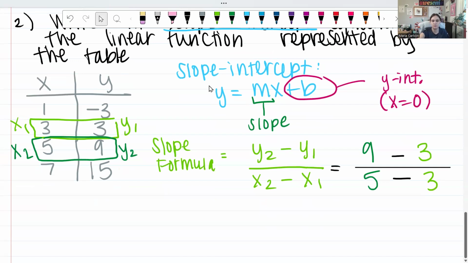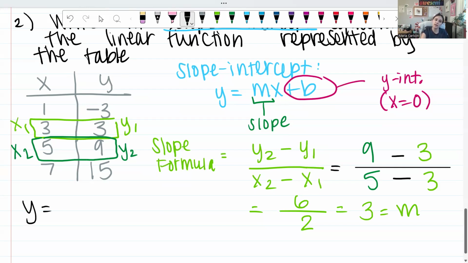And then I can simply subtract here. 9 minus 3 is 6, and 5 minus 3 is 2, and 6 divided by 2 gives us 3. So our slope, or our m value, is 3, meaning in our equation y = mx + b, this m value we now know is 3.